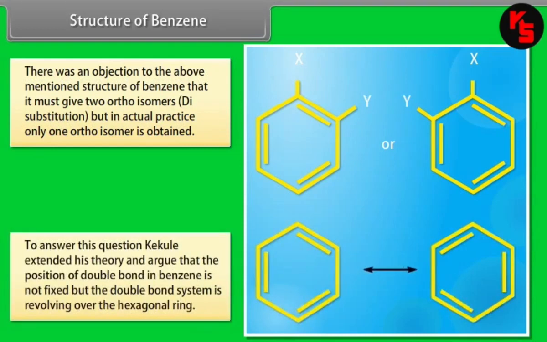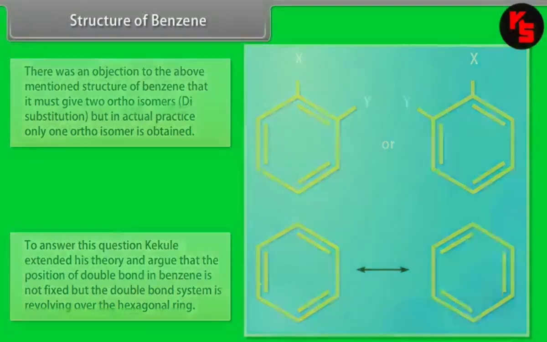To answer this question, Kekulé extended his theory and argued that the position of double bond in benzene is not fixed, but the double bond system is revolving over the hexagonal ring. He proposed the given structures and said that all C-C positions have a partial double bond character.